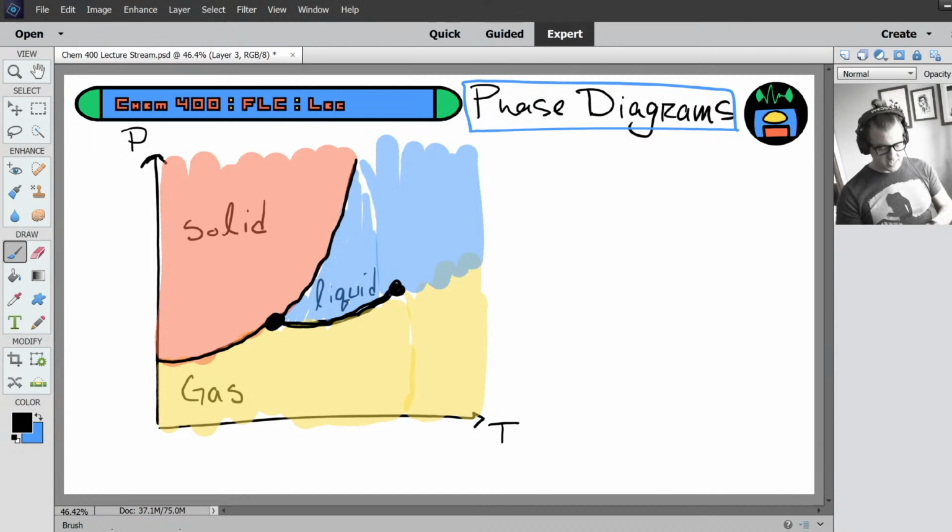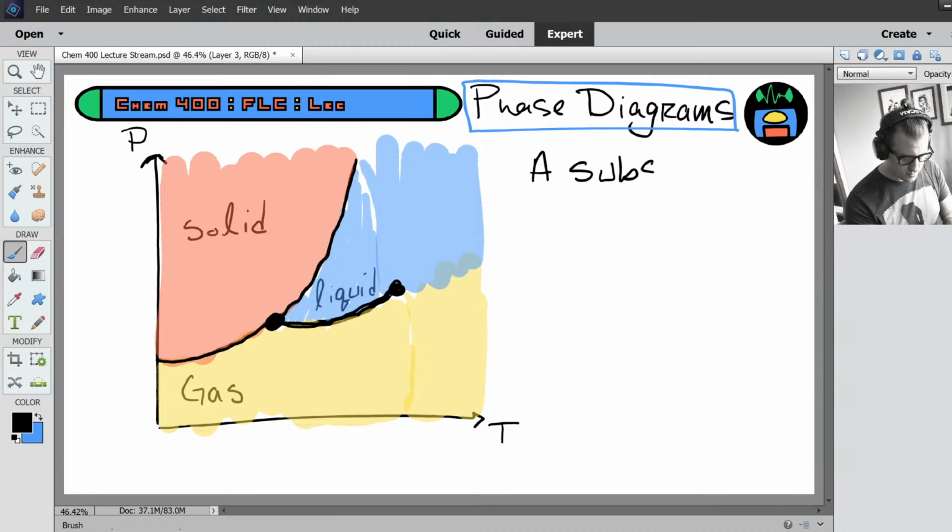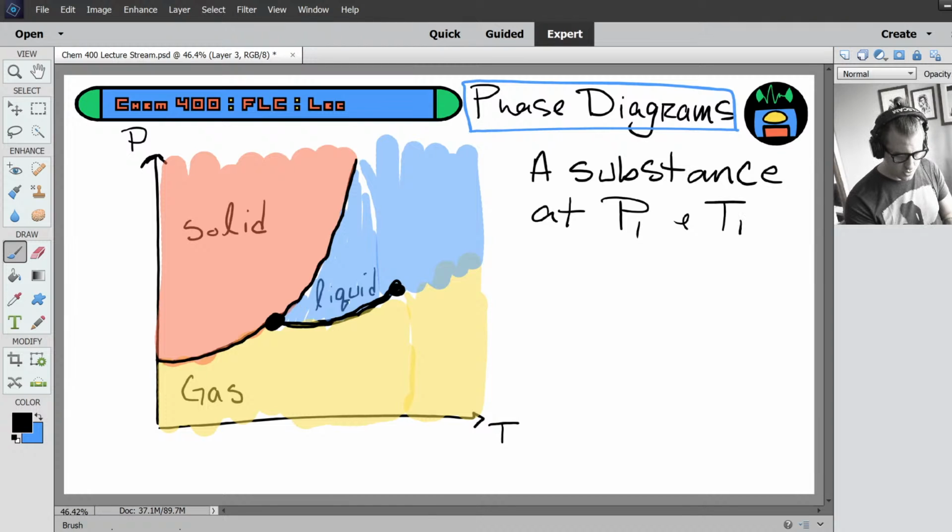Let's say you have a substance at a certain pressure P1 and a certain temperature T1.